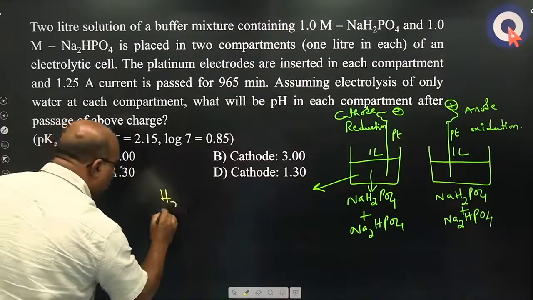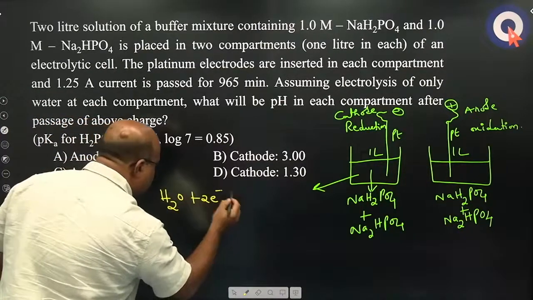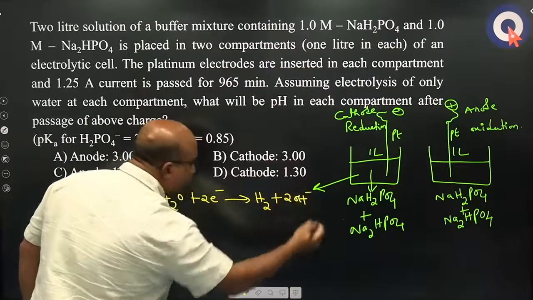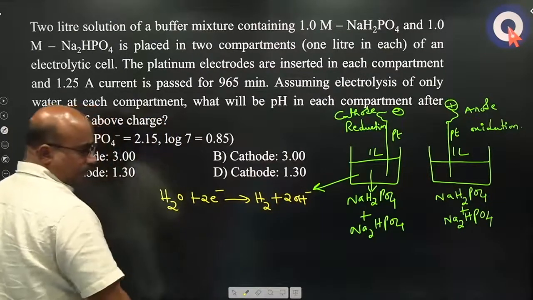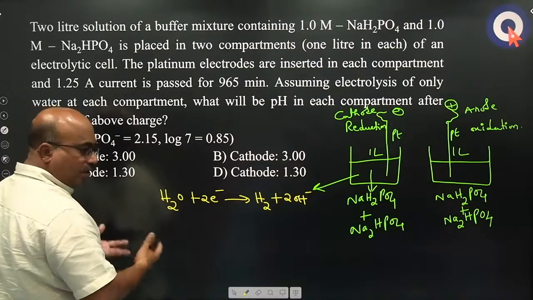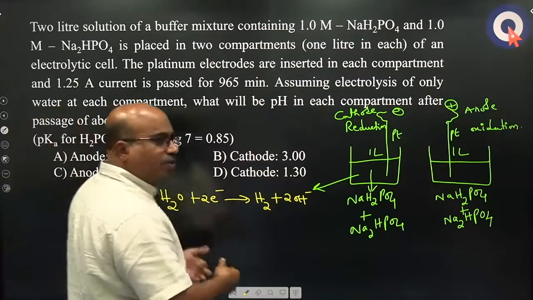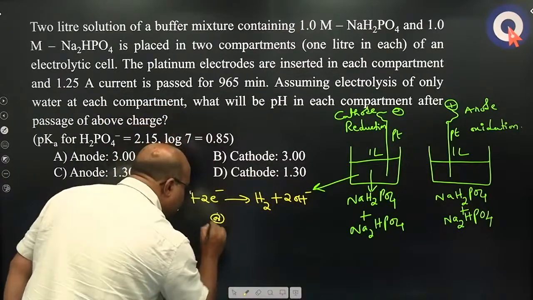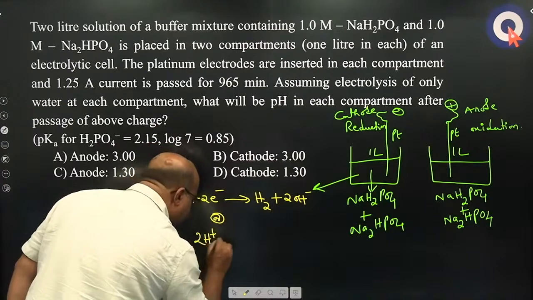So H2O plus 2 electrons gives H2 plus 2OH minus. So due to that, OH minus concentration will increase. That is what we are saying, H plus concentration decreases. So instead of this, we say H plus concentration decreases.